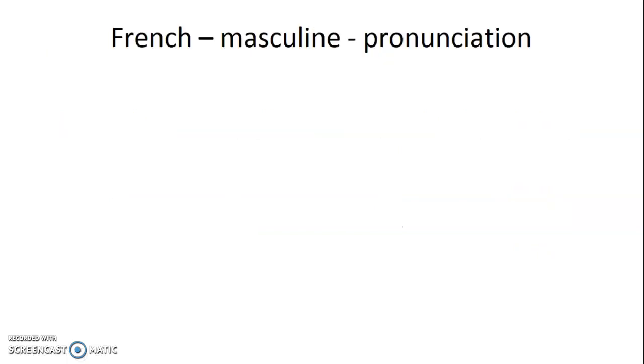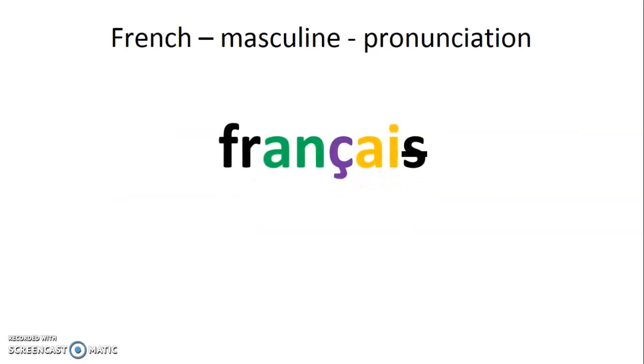So let's take a closer look at the pronunciation. Let's first look at the pronunciation of the masculine form for French. So we say français. And here are a few rules. The one which you already know, that the final letter is never pronounced. So this is why the S is crossed out.